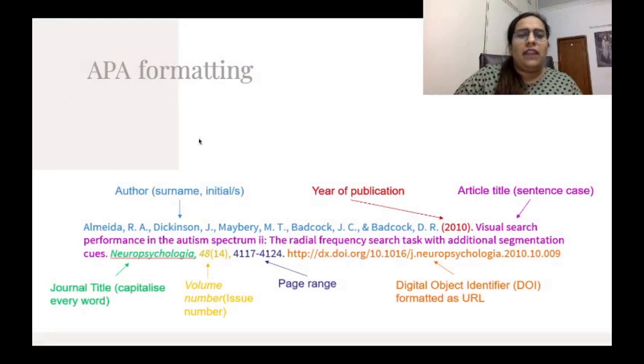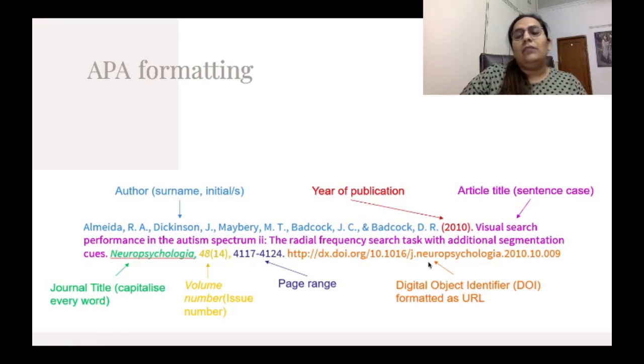So APA formatting is basically your author name, surname, initials. After that, the year of publication, the article title. Next is your journal title, capitalizing every word, the volume number, issue number, the page range, and the DOI, which is the digital object identifier.